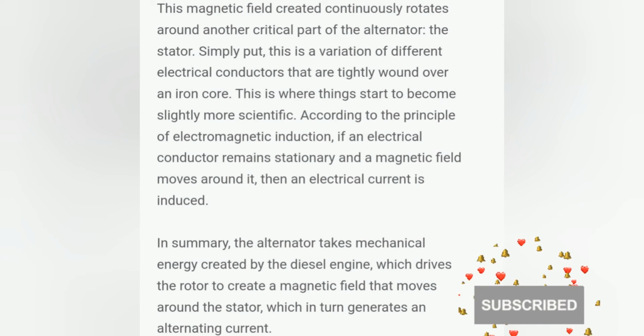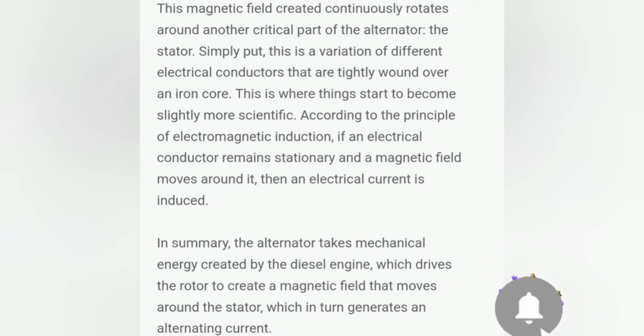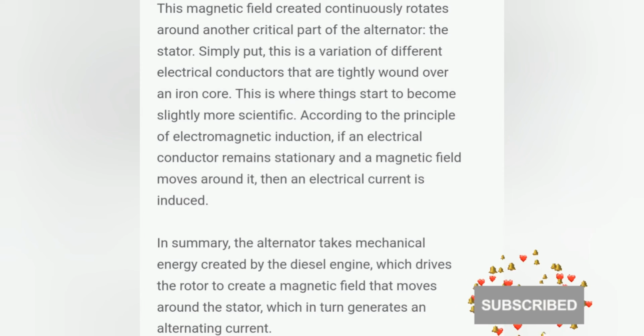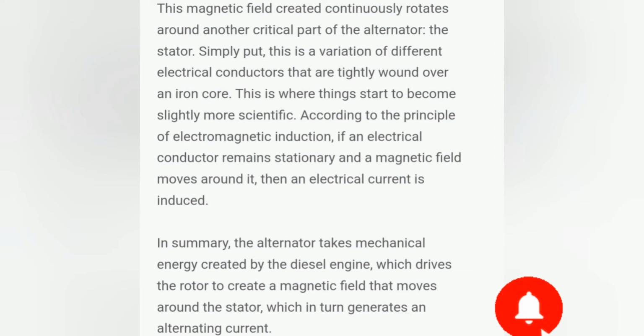So this magnetic field is created continuously, and there is another part, the stator. There is a tightly wound iron core for the conductor.